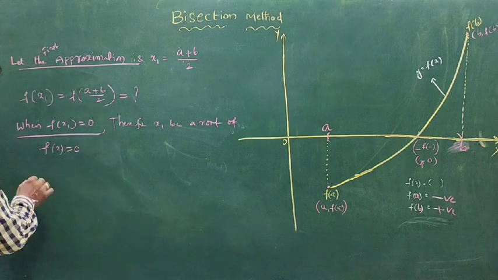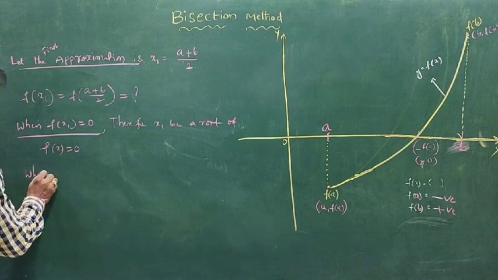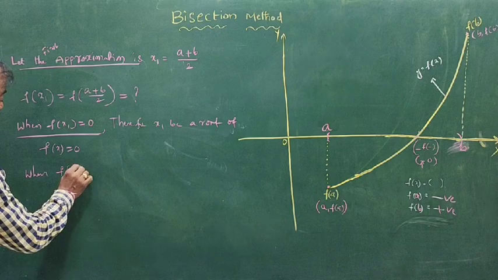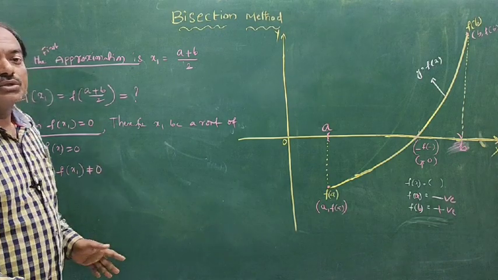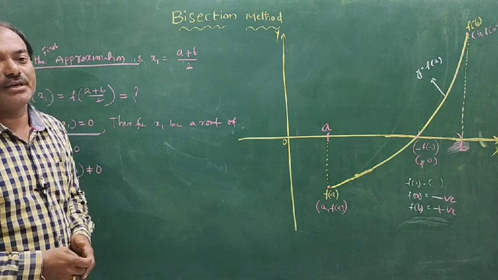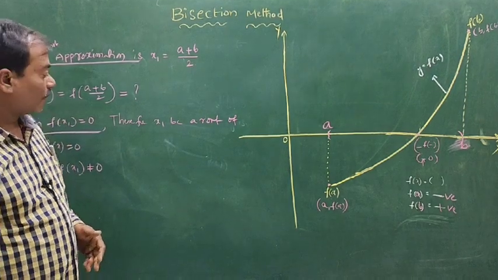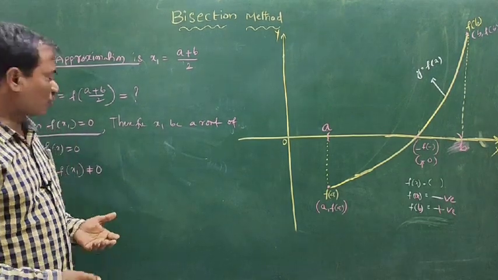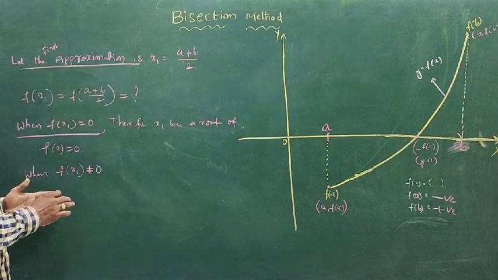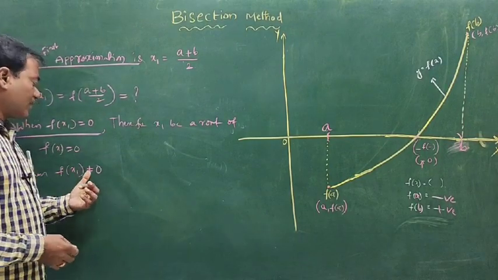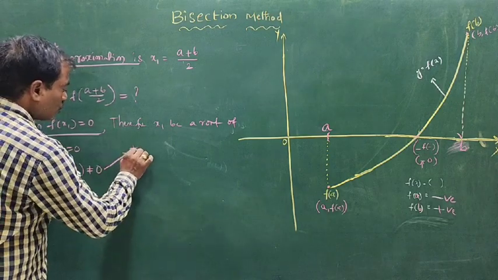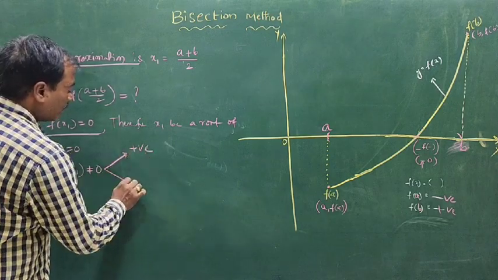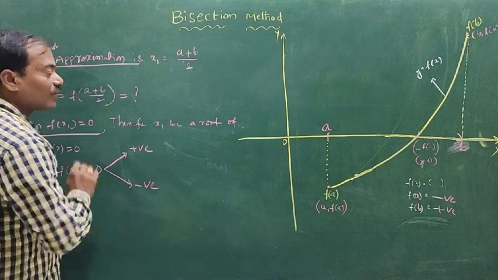When f of x1 is not equal to 0, we go to the next approximation. Here there are also two possibilities when f of x1 is not equal to 0: a positive value or a negative value.